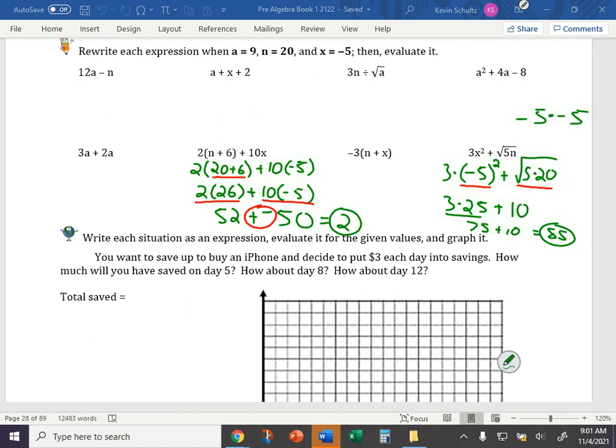Geometry, they have played 1, 2, 3, 4, 5, 6 times, but have yet to earn a point, so that's not very, very good for them. Algebra 7 has played 1, 2, 3, 4, 5, 6, 7, 8 times and has earned 2 points. And then, I take that back. Algebra 8 did play once, and they did not get the point.